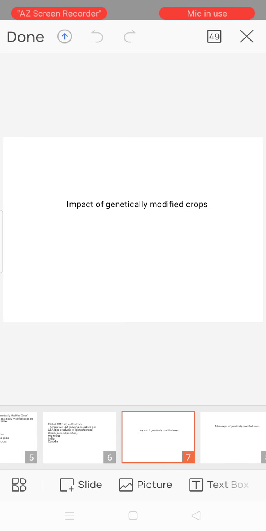Those benefits are: it increased crop productivity by 822 million tons, and conserved biodiversity by saving 231 million hectares of land.